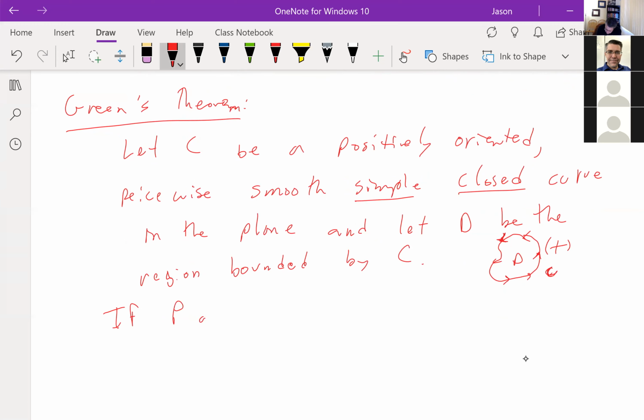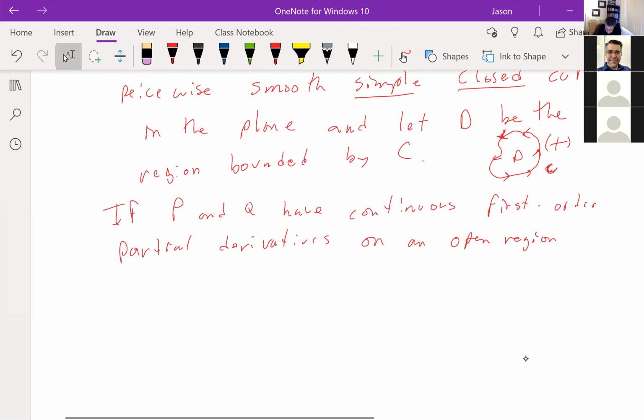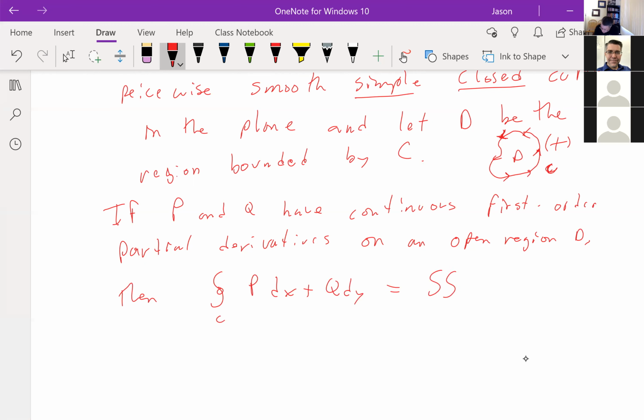If P and Q have continuous first order partial derivatives on an open region D, then the positively oriented line integral around C of P dx plus Q dy is equal to the double integral.